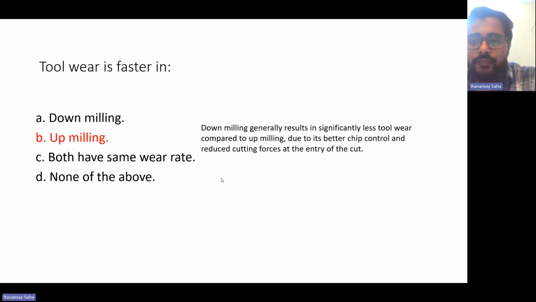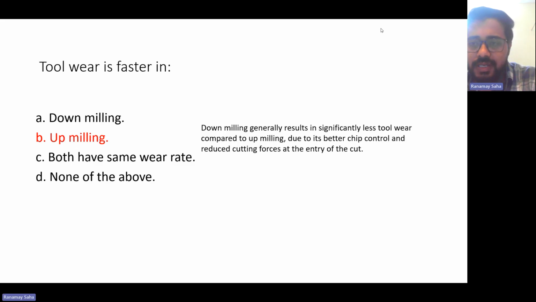Then you have the tool wear question about upmilling and downmilling. In upmilling, the tool is given an opposite motion with respect to the workpiece, so tool and workpiece move in opposite directions. Once the tool starts contacting the workpiece, there is a sudden interaction, the cutting force gradually increases, and the cutting power also increases.